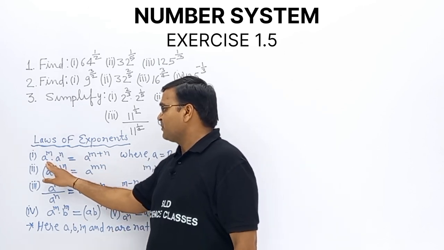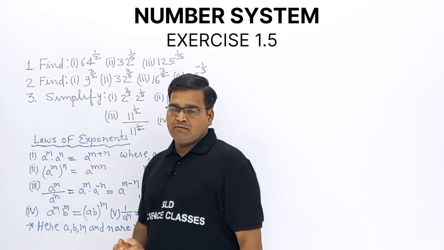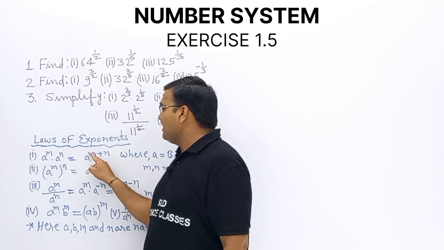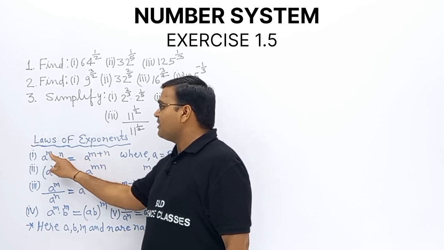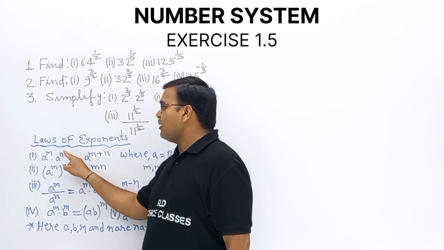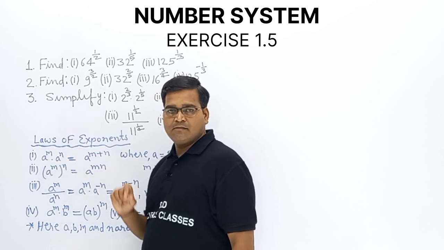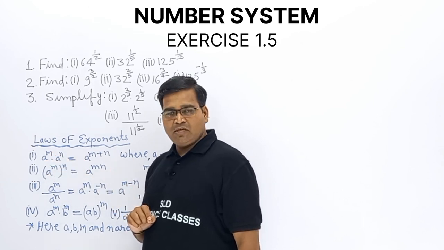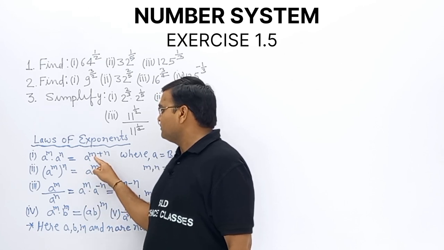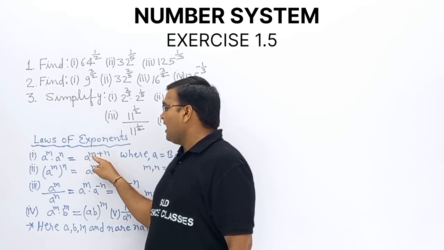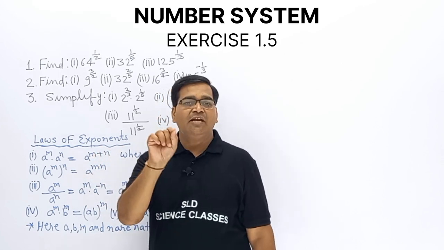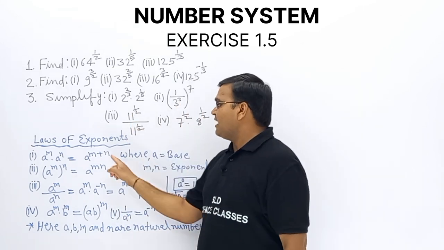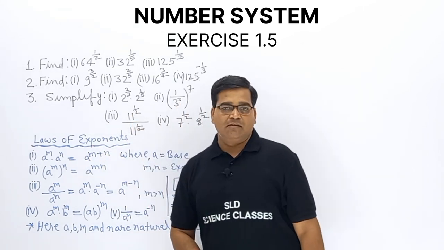We will add the powers. So a power m into a power n, the base is equal, so we add both powers and get a power m plus n.